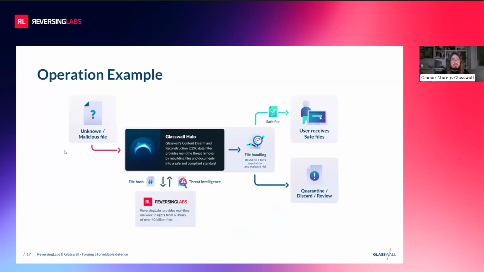Based on your client profile specifications, that file is then CDR'd or automatically quarantined. The CDR process is only based on the client policy, irrelevant of the file. So again, we go through that cleaning, validation and content removal based on your risk tolerance. Then the file is either quarantined or discarded based on whether it's severely malformed, or the cleaned and sanitized file is provided to the end user.